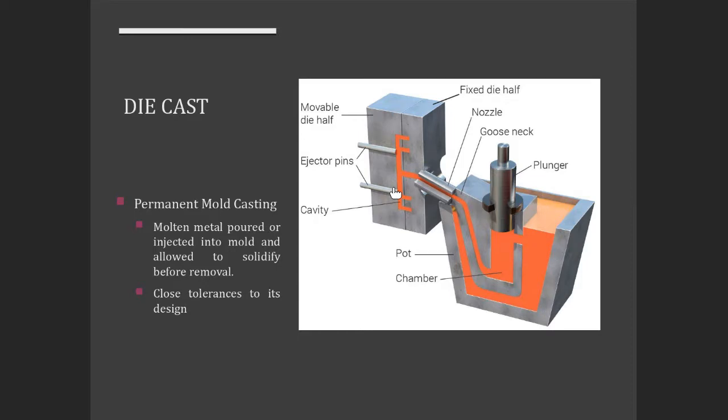So with it being forced in, it's more likely that you will not form shrinkage cavities and such, because you'll always have a pressure pushing the molten metal into the cavity until the whole thing solidifies.